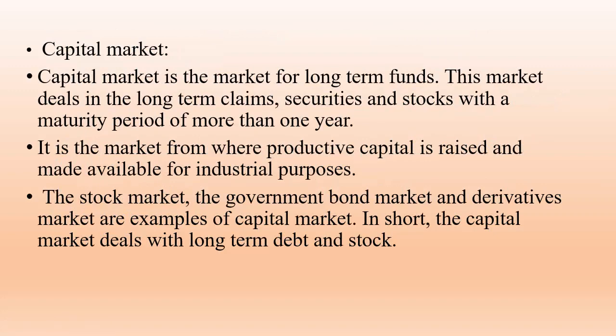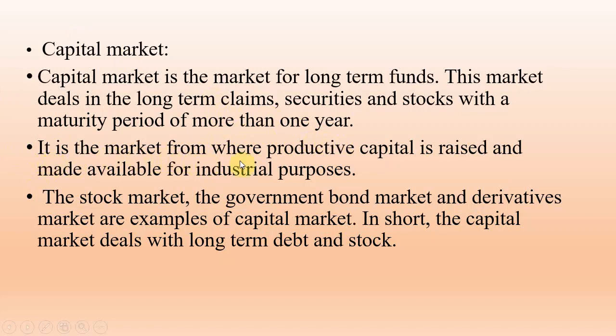Then capital market. Capital market is the market for long-term funds. This market deals in long-term claims, securities and stock with a maturity period of more than 1 year. Money market is short term, less than 1 year, but capital market is long term, more than 1 year.